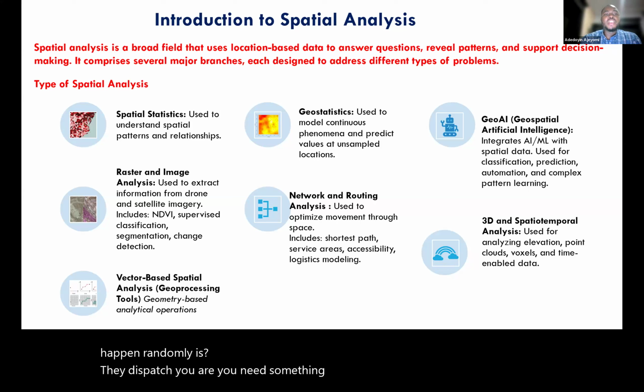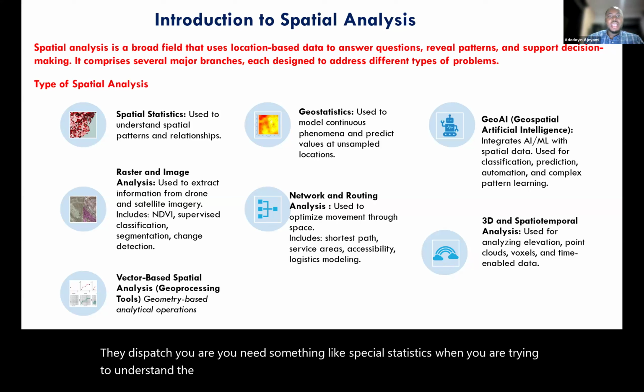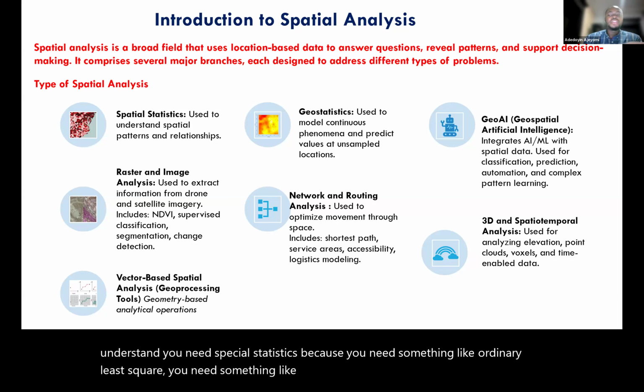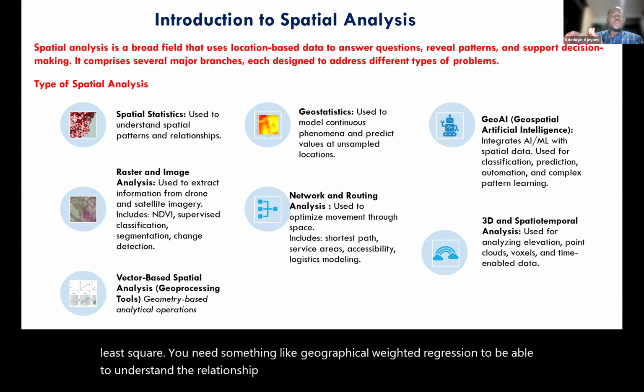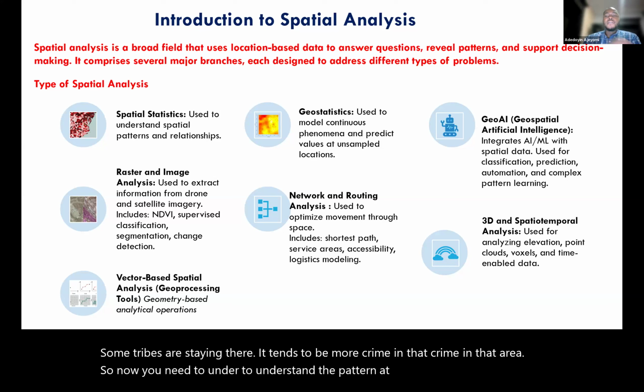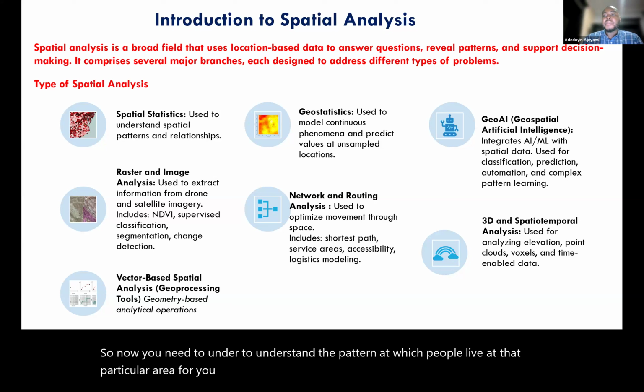When you're trying to understand the relationship between that crime and, let's say, population, you need spatial statistics, because you need something like ordinary least squares, or geographically weighted regression, to understand the relationship between the number of crimes in a particular location and the population or different tribes, because for some tribes, people know that wherever some tribes are staying, there tends to be more crime in that area. So now you need to understand the pattern at which people live in that area to be able to compare that. And sometimes it might be unemployment.